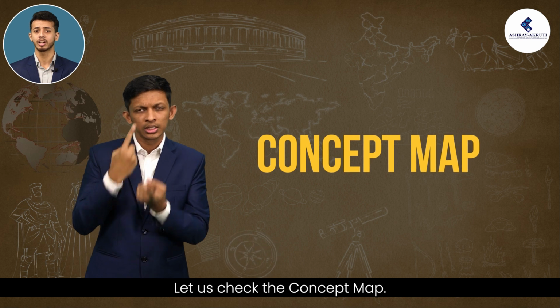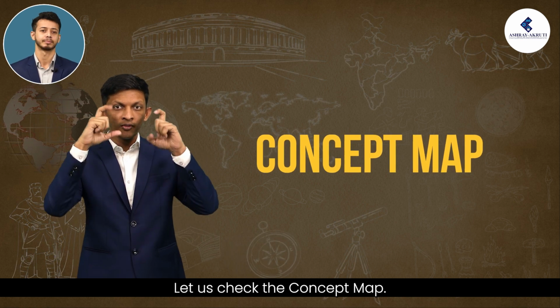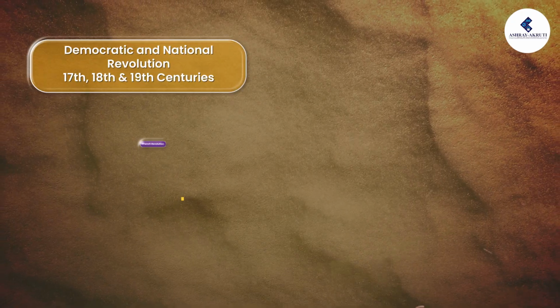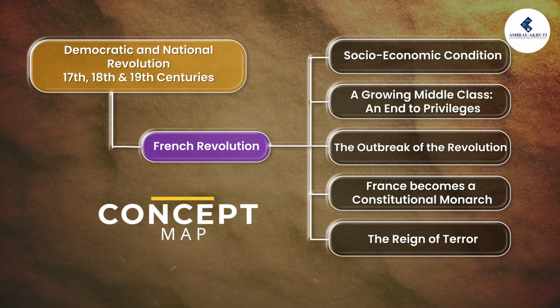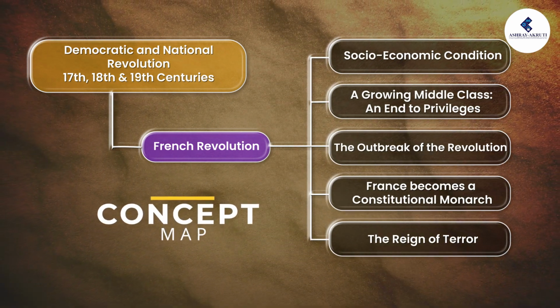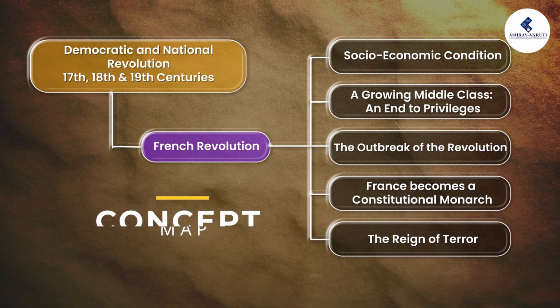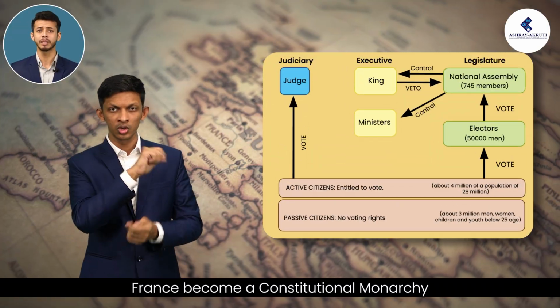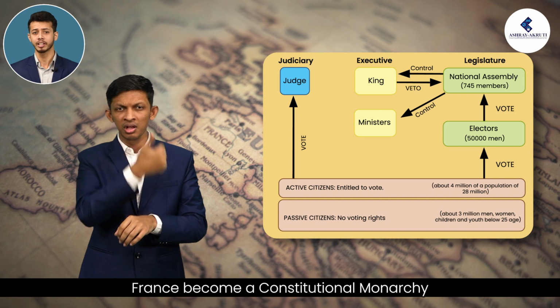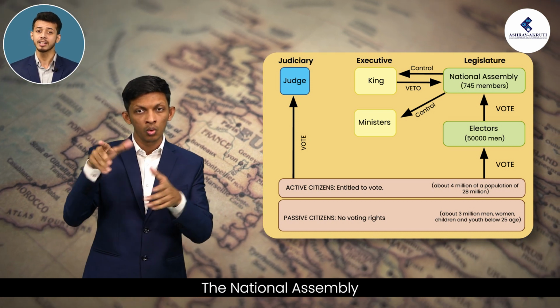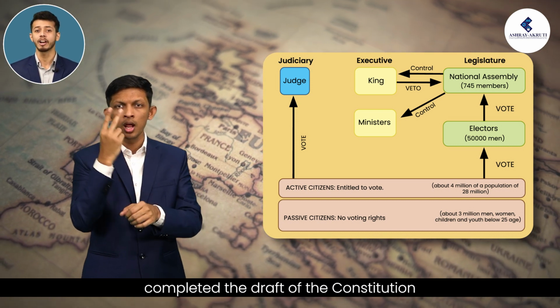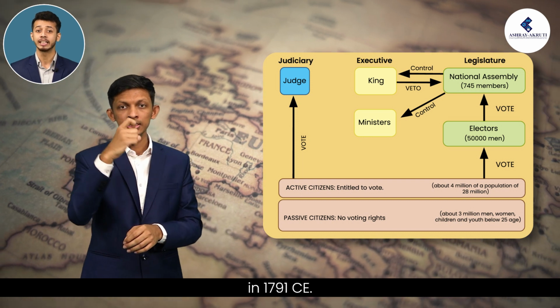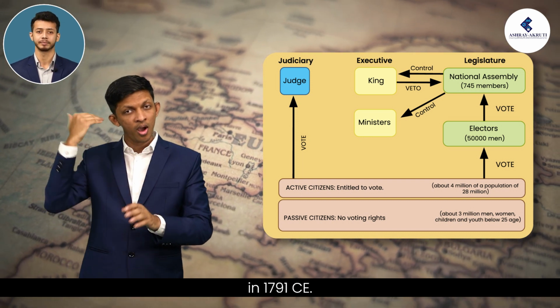Let us check the concept map. France became a constitutional monarchy. The National Assembly completed the draft of the constitution in 1791 CE.